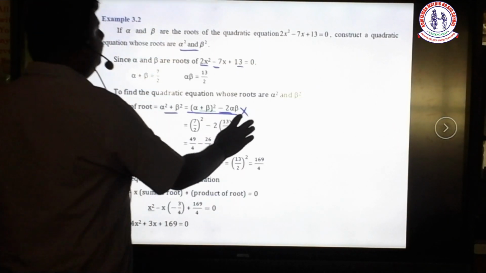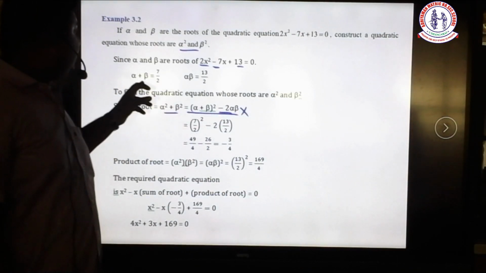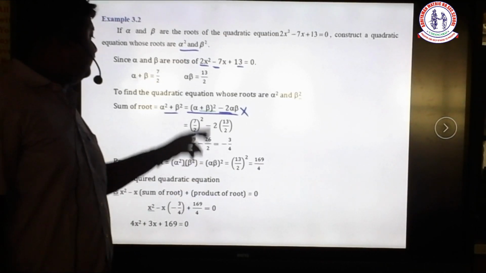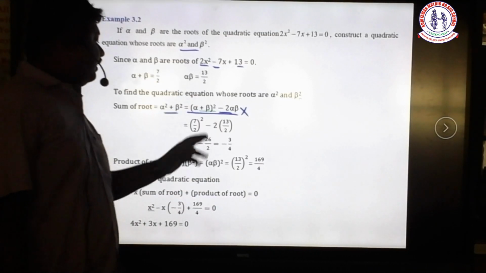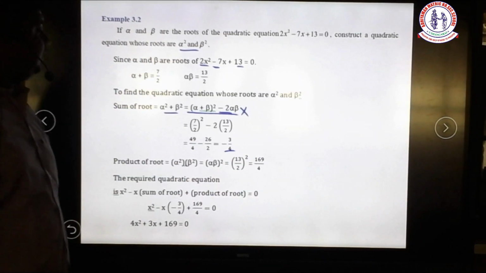This is an important formula, so don't forget it. We know the value of alpha plus beta is 7 by 2, the whole square, minus 2 into the alpha beta value 13 by 2. After simplification, we get minus 3 by 4. So the sum of the roots is minus 3 by 4.